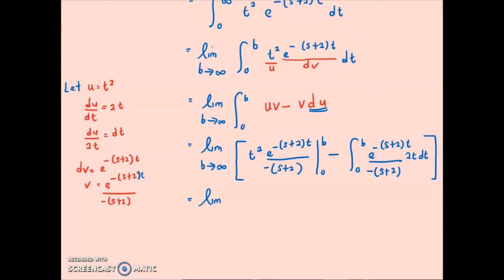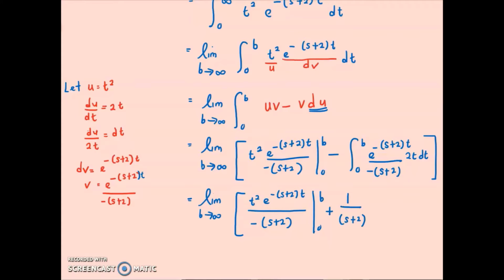So let's simplify this. I have the limit as b approaches infinity of t squared e^(-(s+2)t) over -(s+2) from 0 to b. The negative taken out will be positive, 1 over s+2, taking out the s+2, and 2.